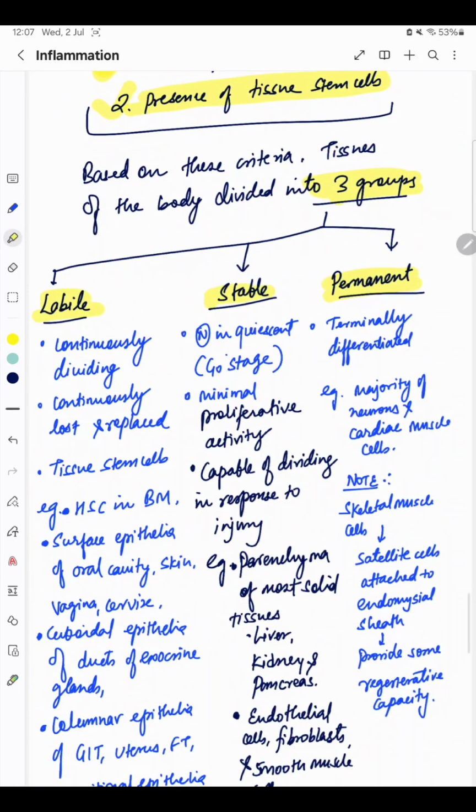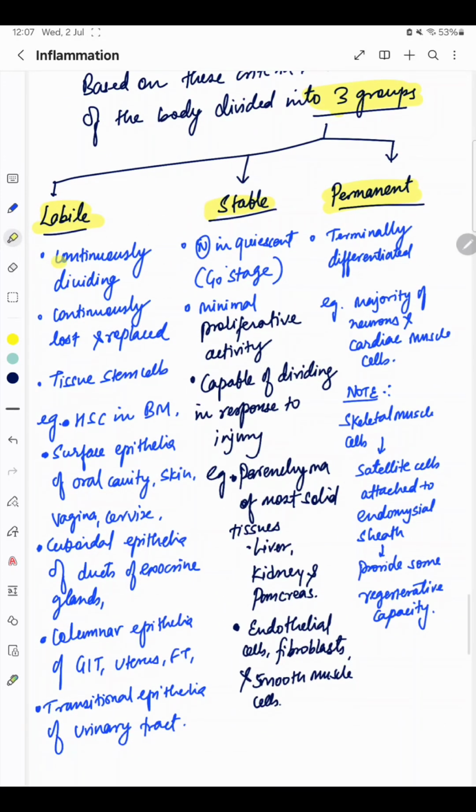Labile tissues are continuously dividing tissues. Because of the continuous loss, they need to replace the lost tissue with normal cells. Tissue stem cells play an important role in labile tissue.